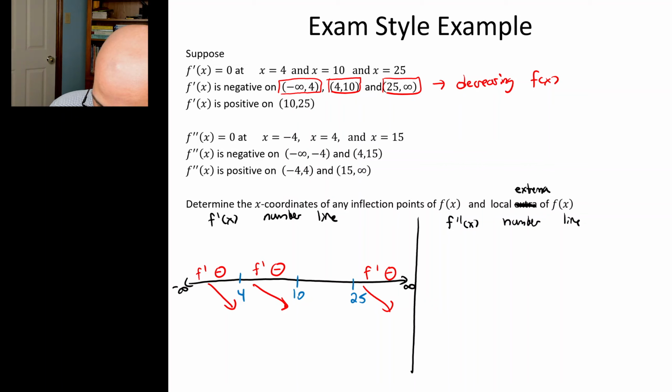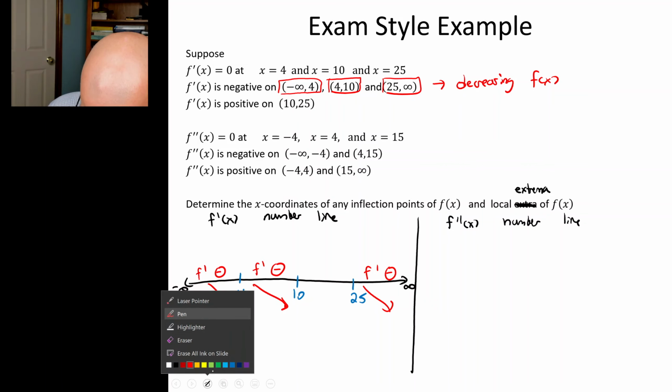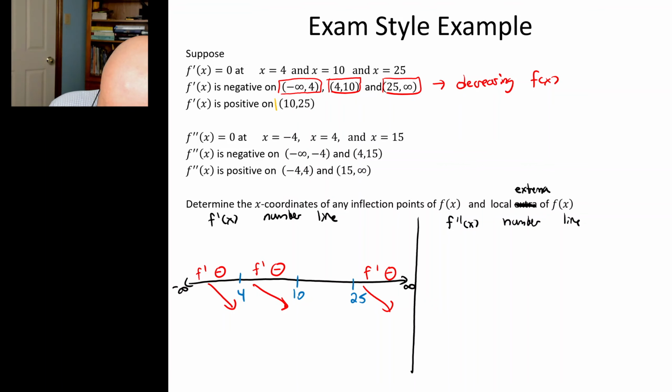And we have increasing regions, or just one of them, from 10 to 25. F prime of x positive.